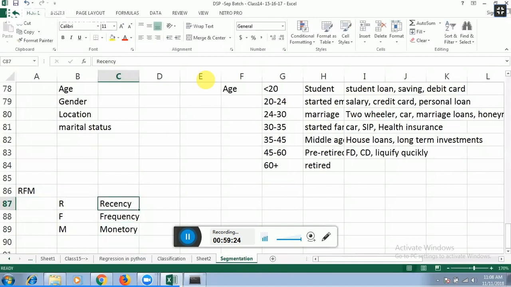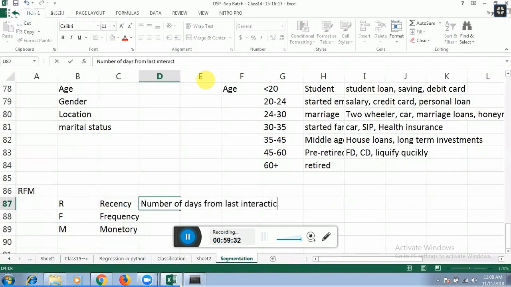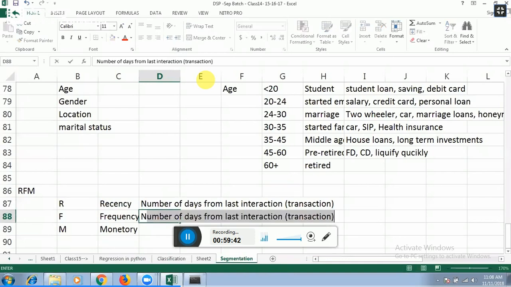So what is recency? Recency is nothing but the number of days from the last interaction. It can be a transaction. Okay. Frequency means the number of times interacted, the number of transactions in a specific period of time.